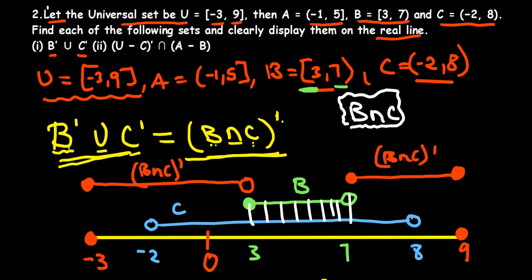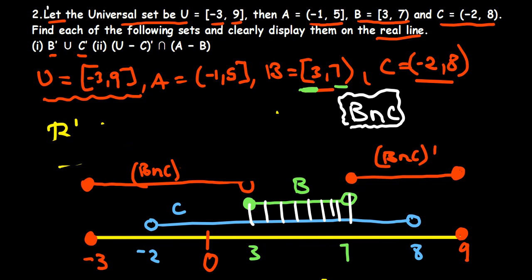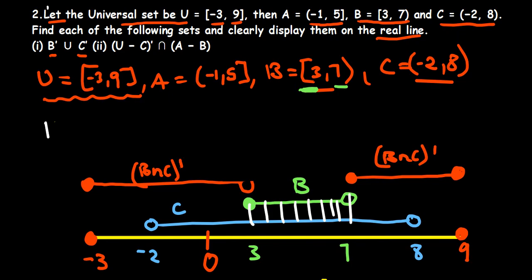Okay, so for us now to write out the final answer, we are just going to combine those things that we have there. So our set B complement union C complement is the same as B intersection C complement, which equals the first part, starting from minus 3 all the way up to 3.